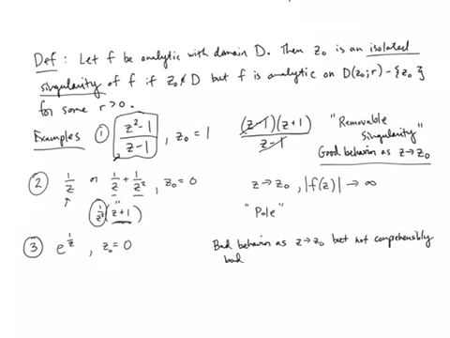So this is bad behavior, so this is contra case 1, but it's not comprehensibly bad, and that's contra case 2.